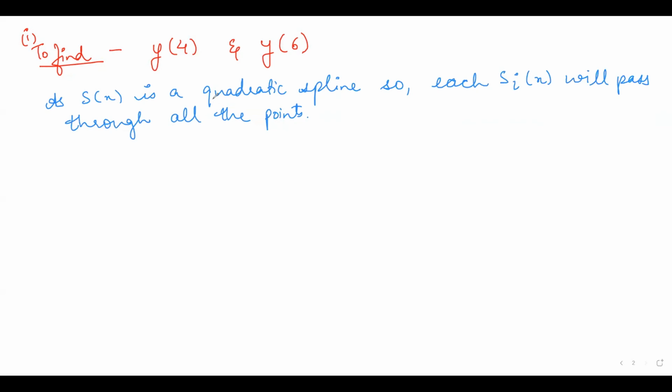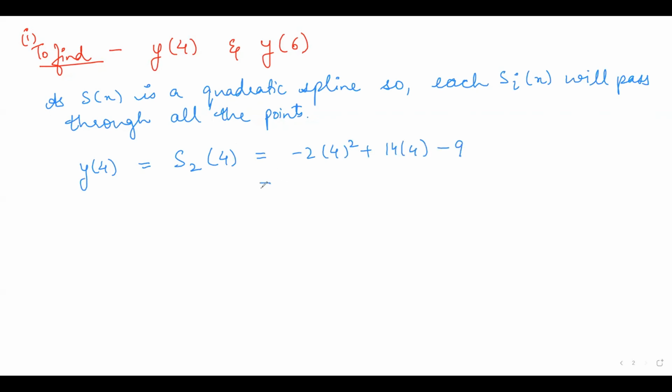Now, how to find y at 4? We can find the value: y at 4 is equal to S2 at 4. That's very easy to calculate. S2 at 4 would be minus 2x square plus 14x minus 9.